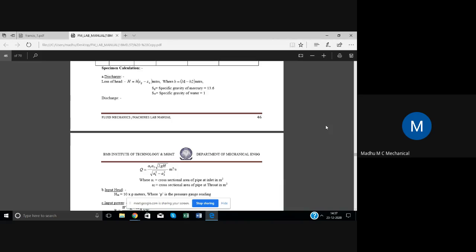Do it now. Why are we taking different head values for constant speed? H1, H2 are different for all readings.